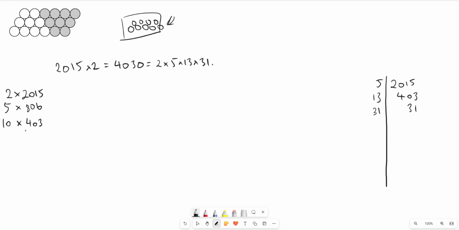And then looking at this again, we've got 13 we can do here, times 310, because 2 times 5 is 10, 10 times 31 is 310. And you can just double 13 to make 26. 26 times 165, which is half of 310.